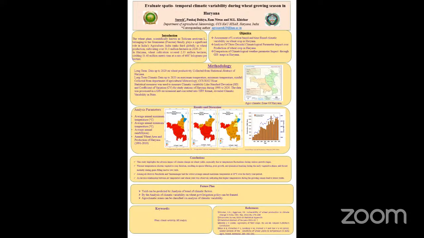At what growth stage or critical stage? If it could be concluded, it is better. If temperature is higher, then this leads to premature heading, which leads to forced maturity and low yield. Okay.